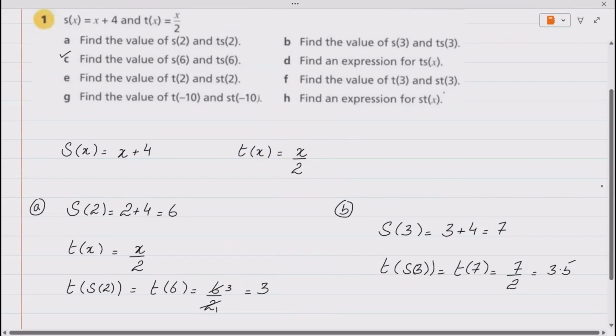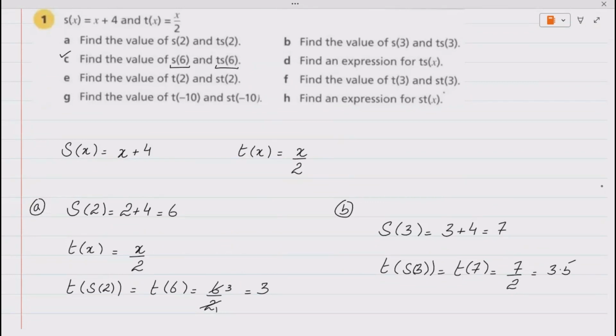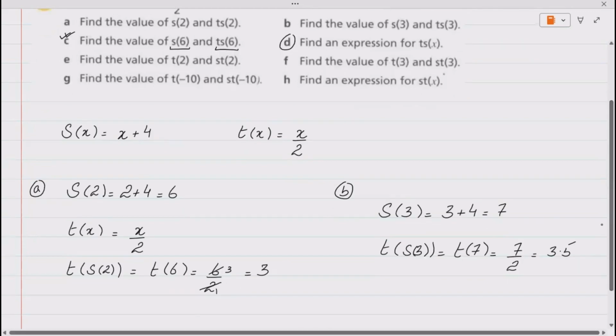Now in part C, we have to find S of 6, and then put this S of 6 in T. Actually it is the same as part A and part B, so do it by yourself, just easy. But let's see what part C is.